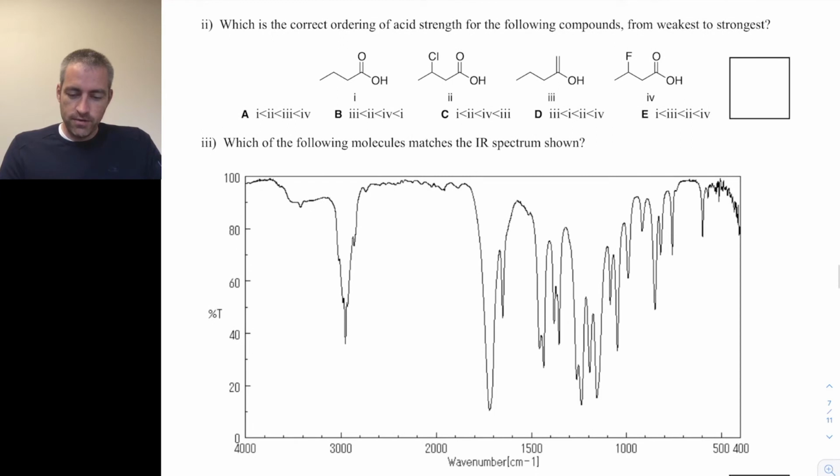Which is the correct ordering of acid strength for the following compounds from weakest to strongest? Okay, all of these are OH acids.